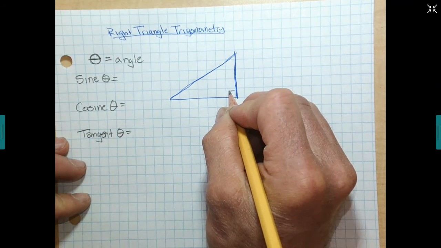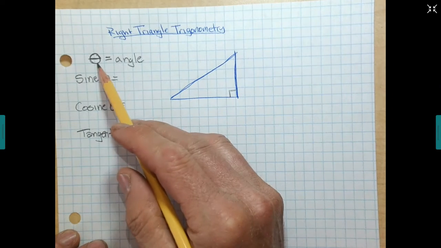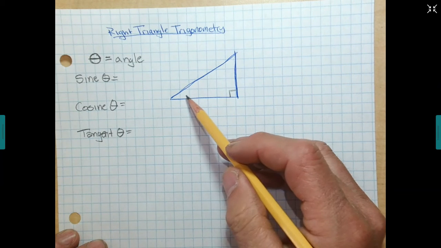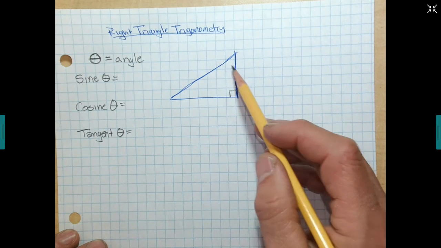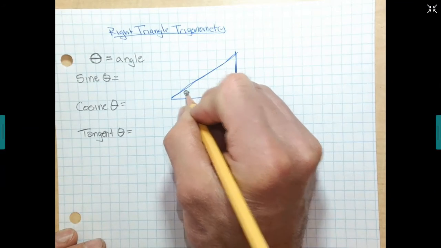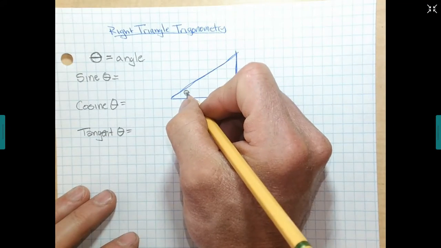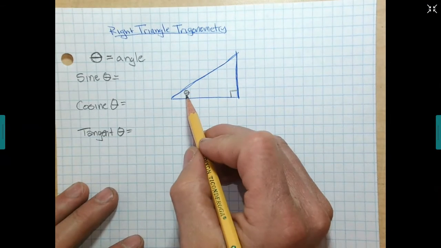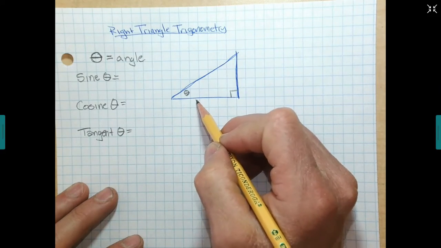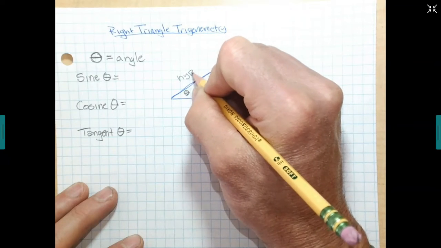So what we have here is a right triangle. And we need to know the angle because these ratios are going to be different depending on where our angle is. Let's say the angle we're talking about is here.